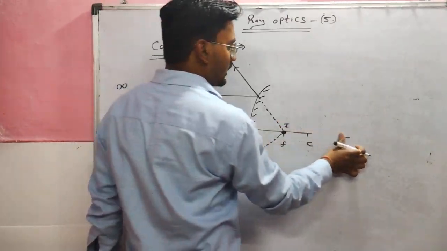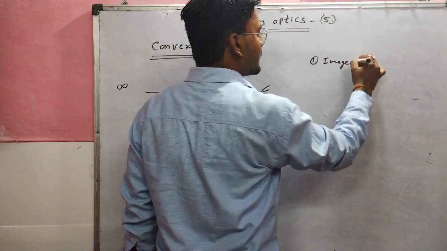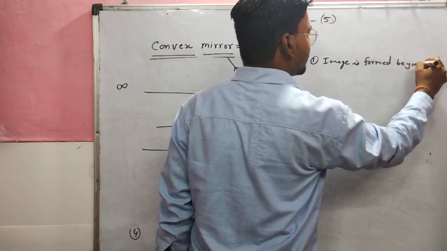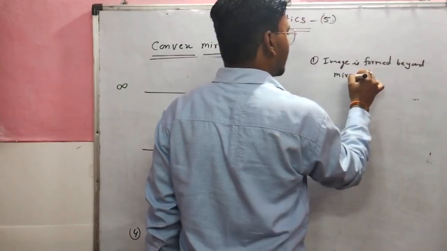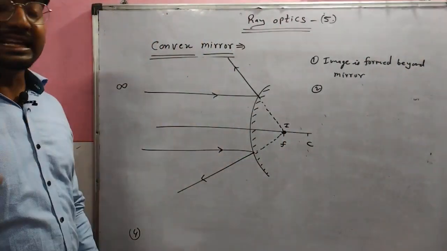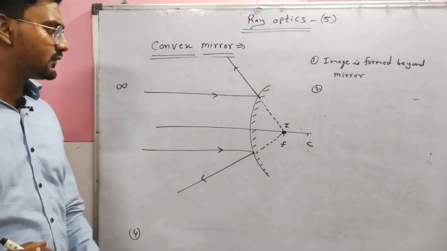Okay, so the image is formed beyond the mirror. The size of the image is highly diminished, point size. Here we said that the object is placed far away and the image is formed here.